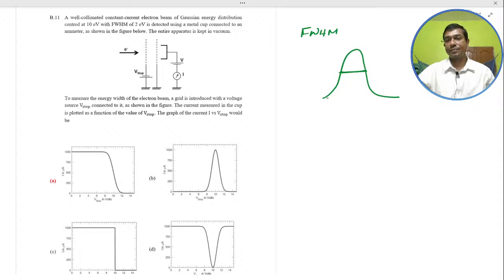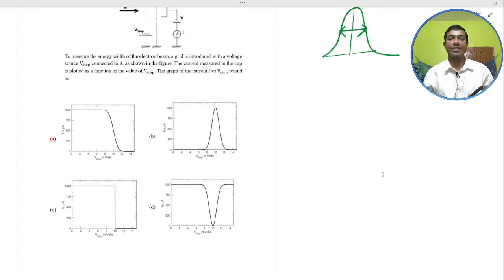Full width half maxima means this distance of 2 electron volt is detected using a metal cup connected to an ammeter as shown in the figure below. The entire apparatus is kept in vacuum. To measure the energy with the graph of the current I versus V stop would be what?